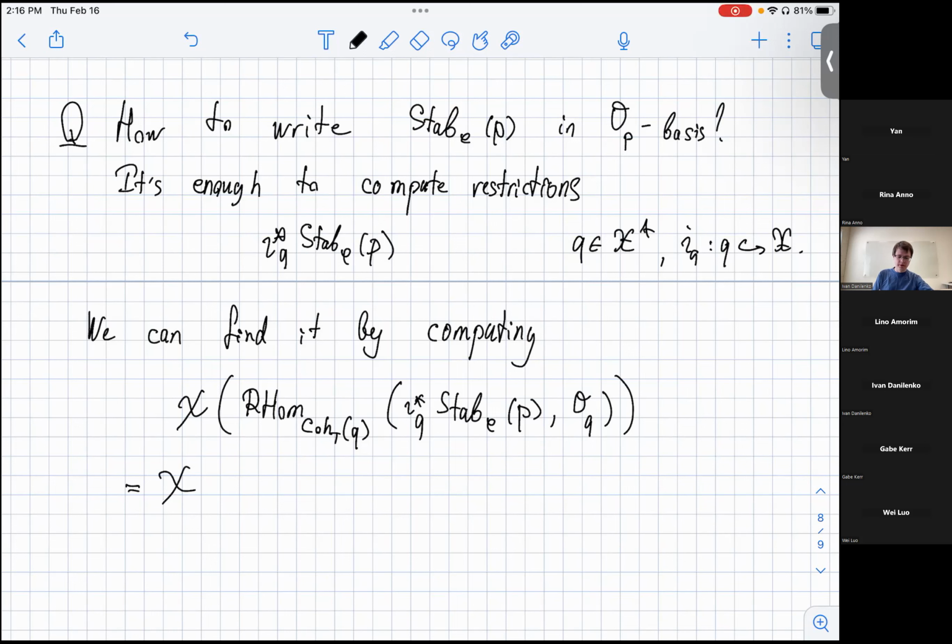And that means that I can do the same by taking an adjunction. I could take R Hom in coherent sheaves on X between the stable envelope and the push forward of a point, which we call by the same name.